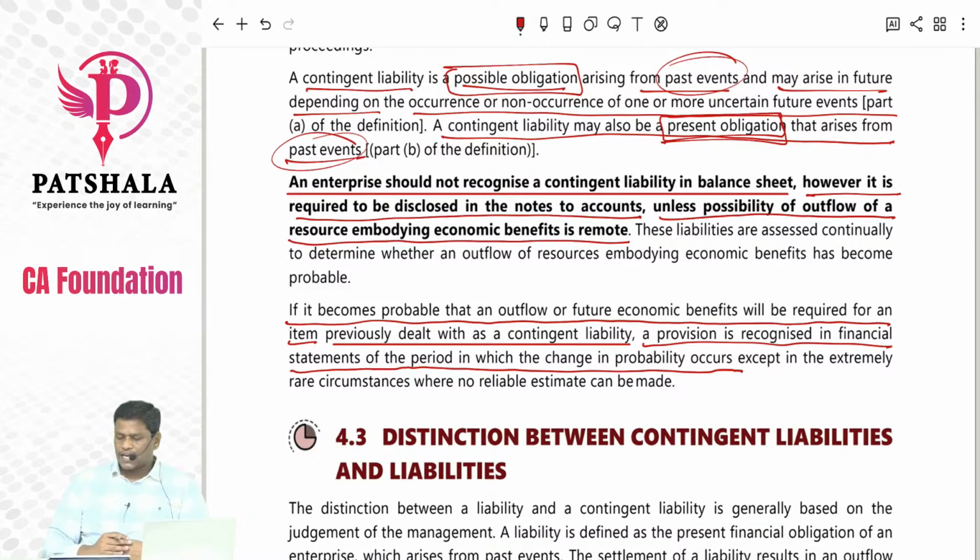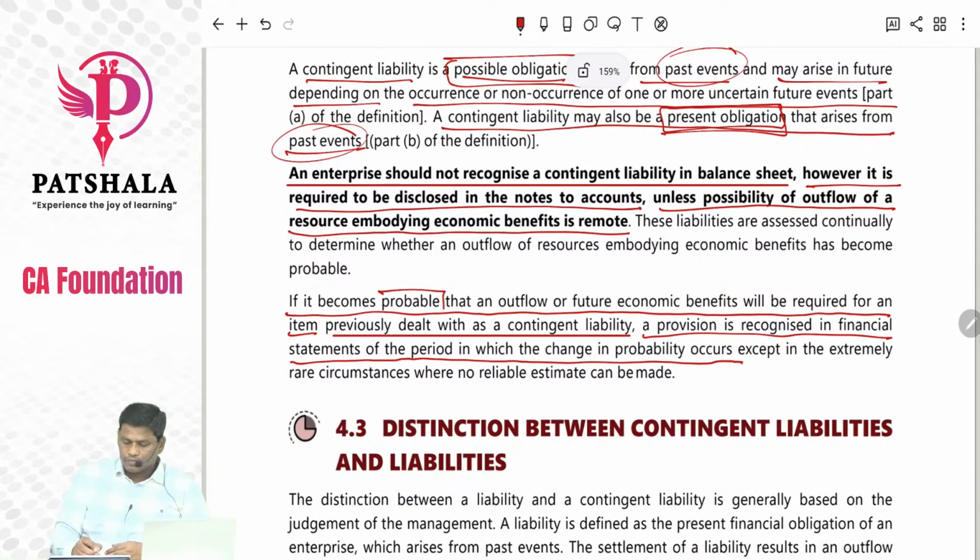If it becomes probable that an outflow of economic benefits is required, then a provision is made.